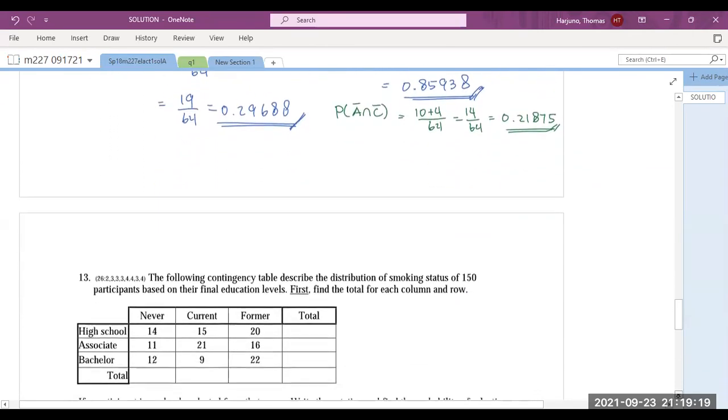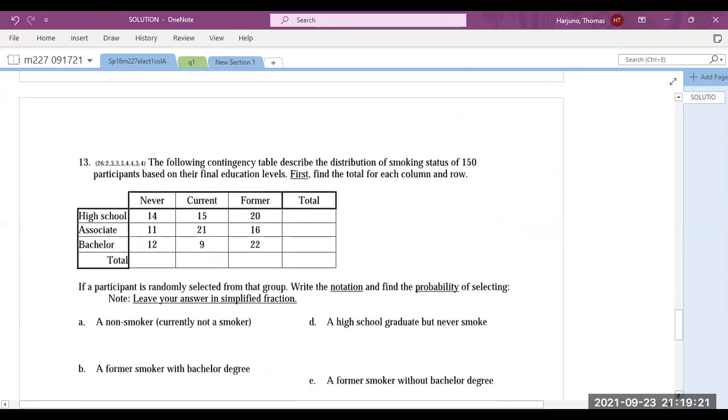Next one. The following contingency table describes the distribution of smoking status of 150 participants based on their final education levels. First, find the total for each column and row. Basically, you need to add all of these. 37, 30, 45. This is 58. 29, 49.